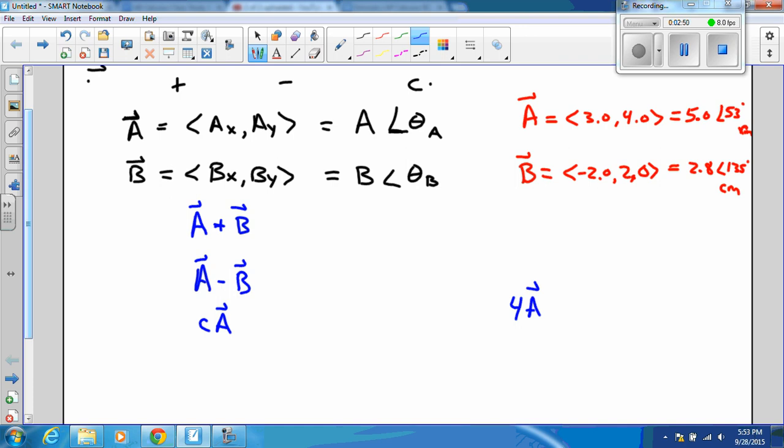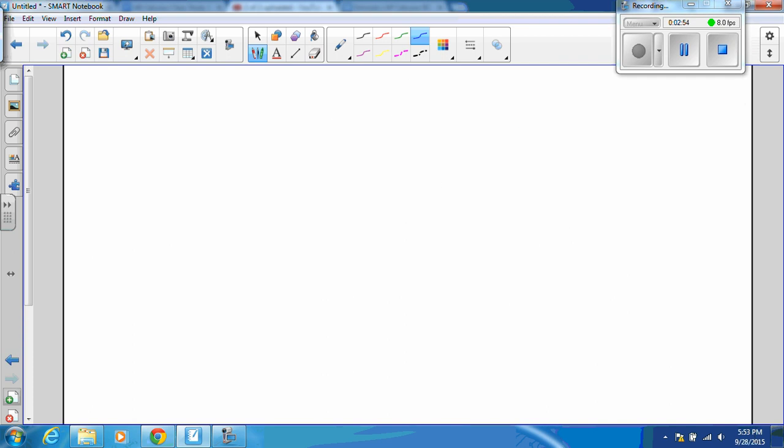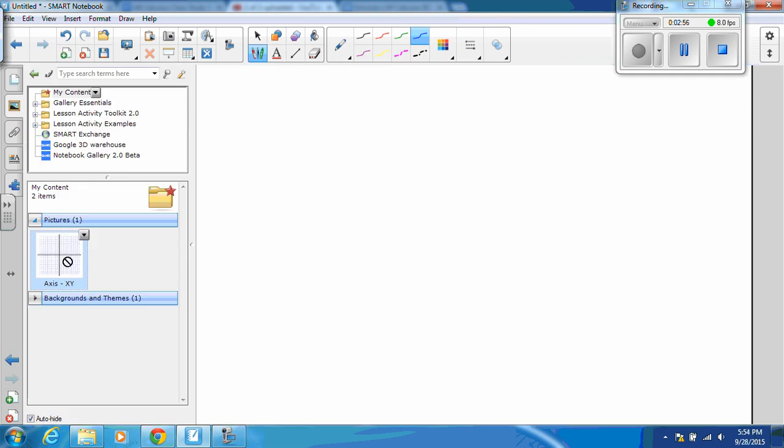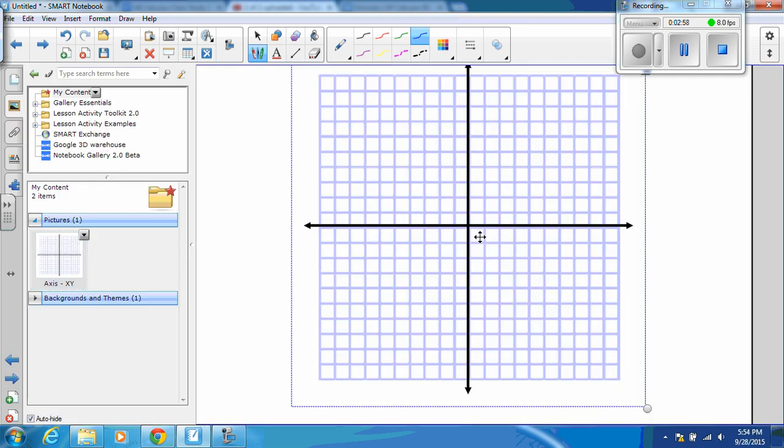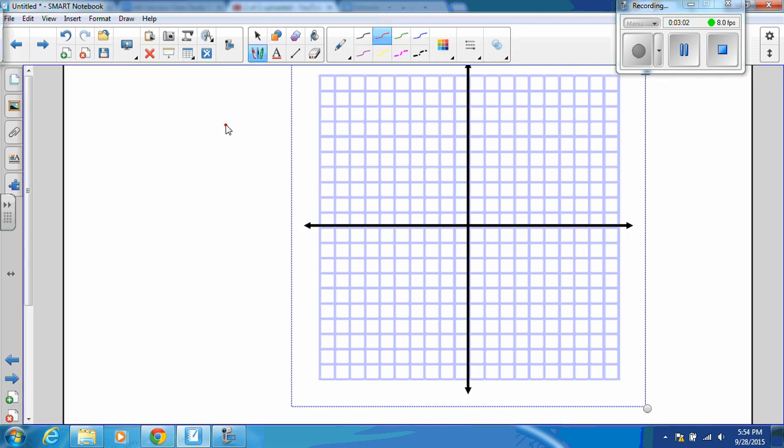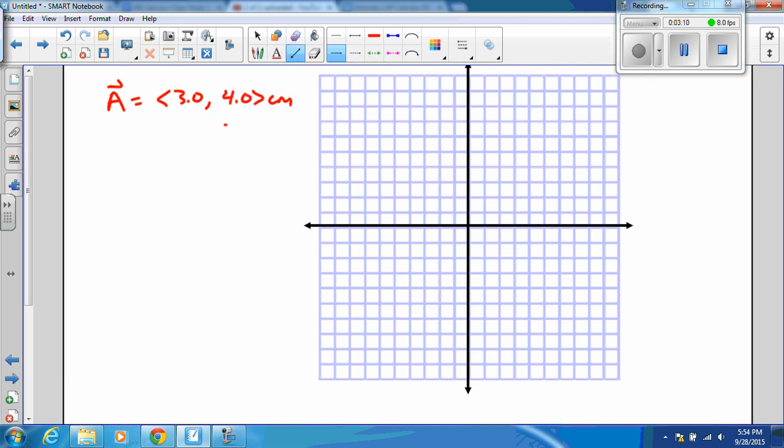Before I answer these questions in rectangular form, which is nice and easy, I want to show you on graph paper what we're talking about. So we'll get some graph paper here. And we'll put up our two vectors that we mentioned. A was 3.0, comma 4.0 centimeters.